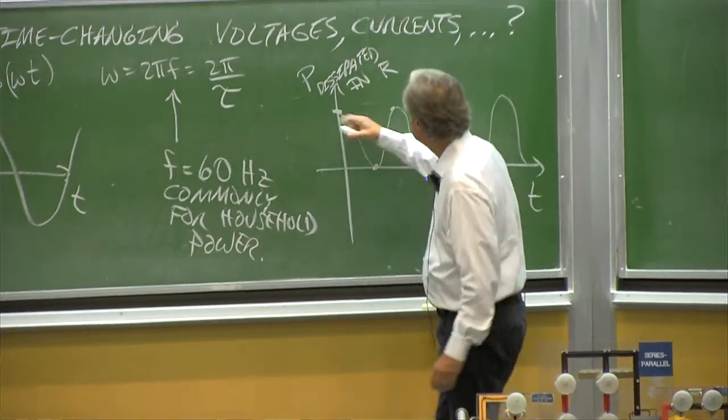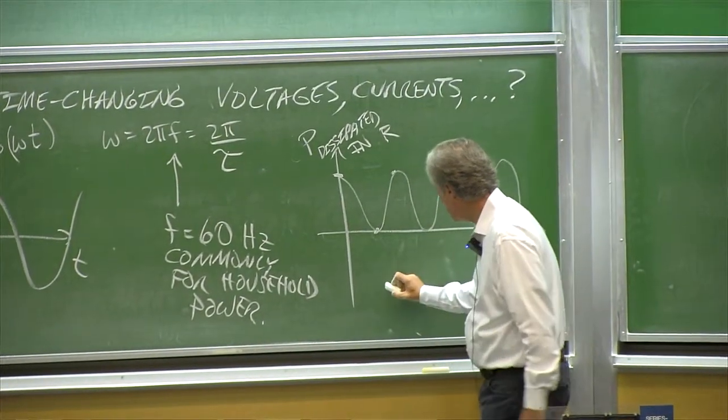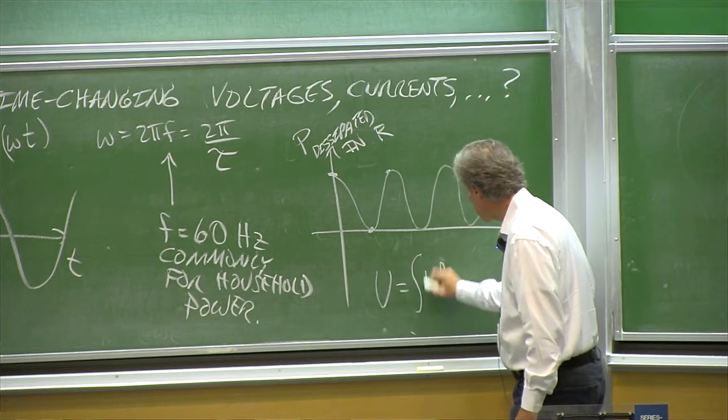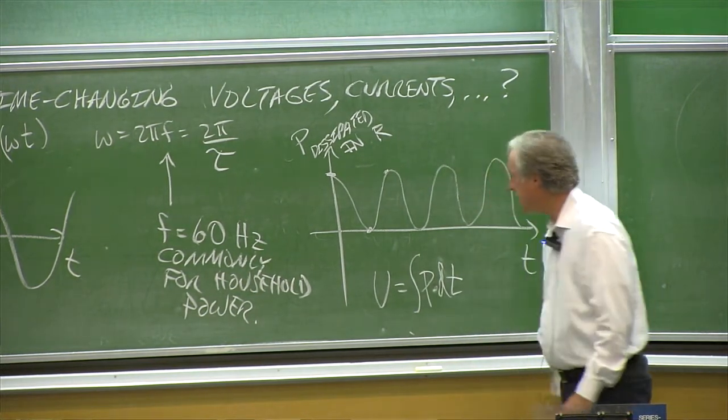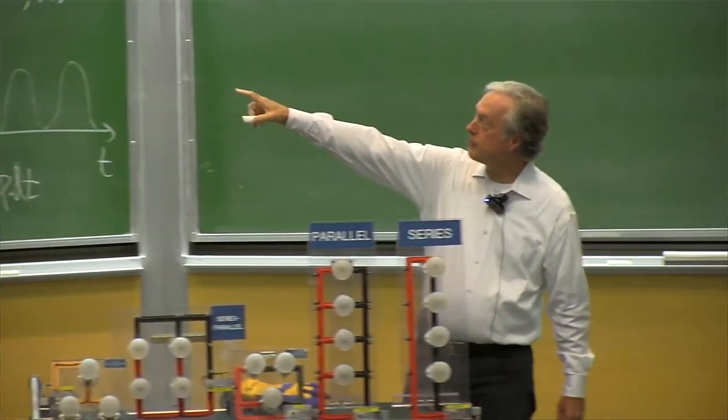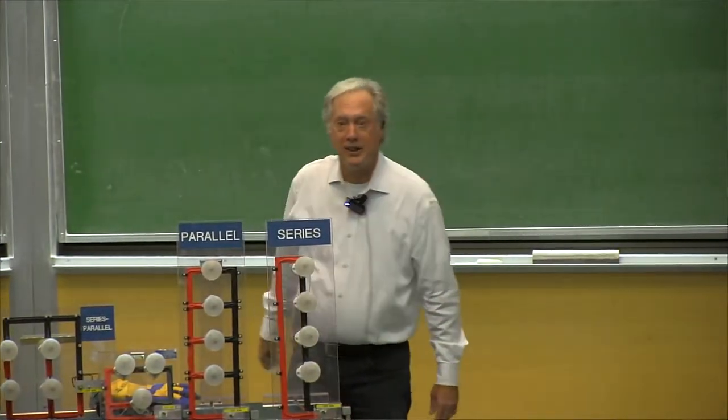The power, okay, and then the energy. Remember, the energy is equal to the integral of the power times the time. Oh, it's over there, right? dU equals P dt.